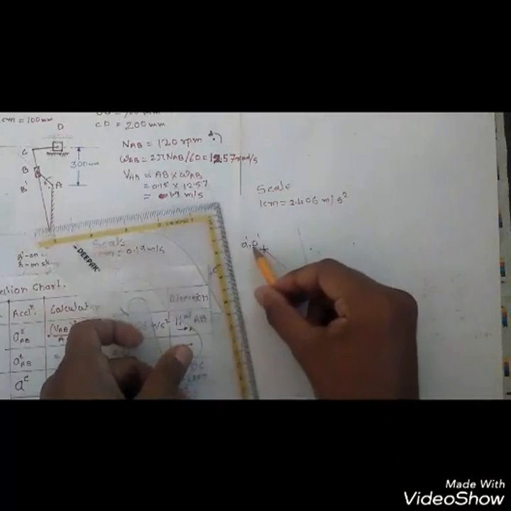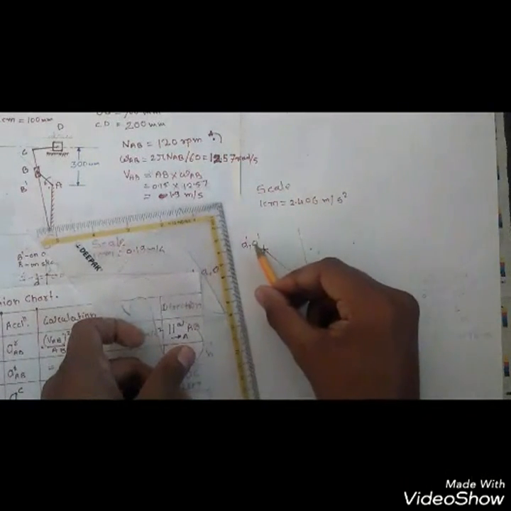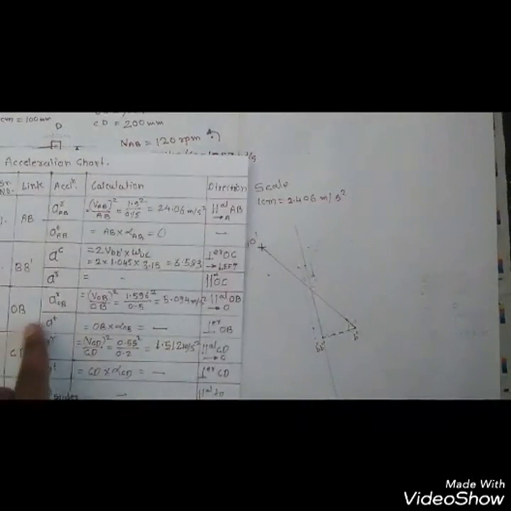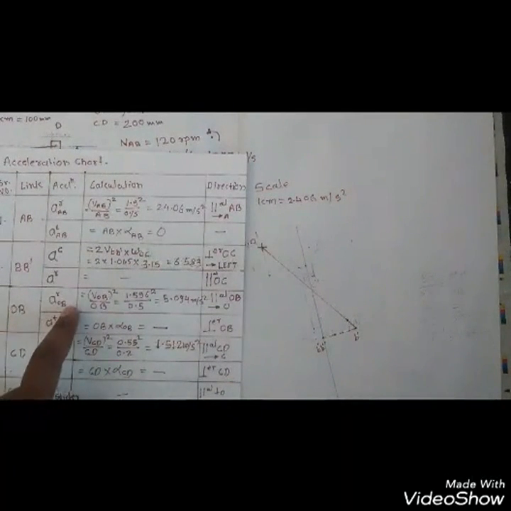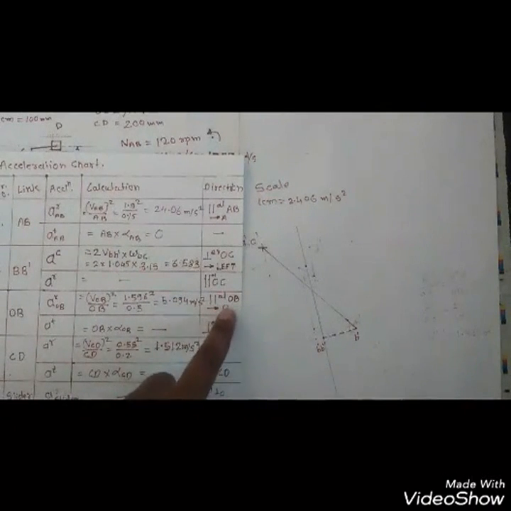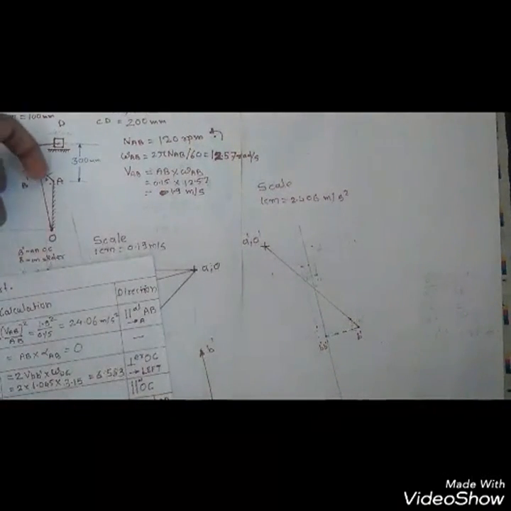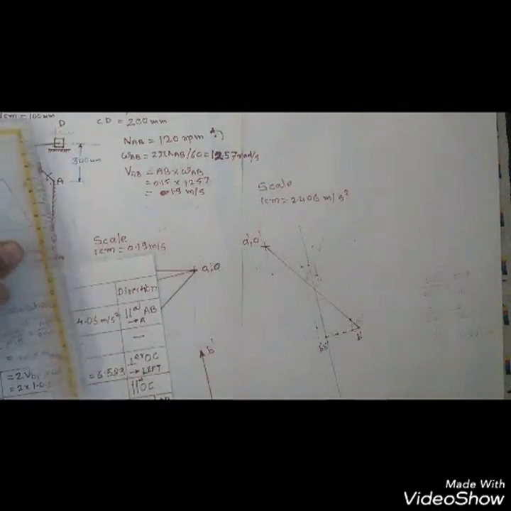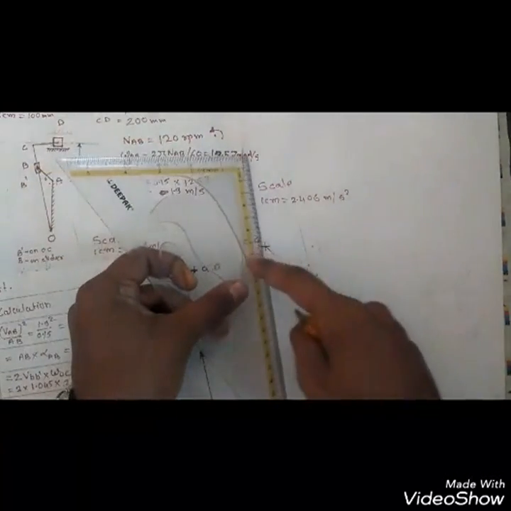Start with the next point. Initially we started with A dash, now start with the O dash point. Here the OB link is there. Radial acceleration is 5.94, parallel to OB and towards O. So we have to draw a vector parallel to OB and towards O, that is in this direction.